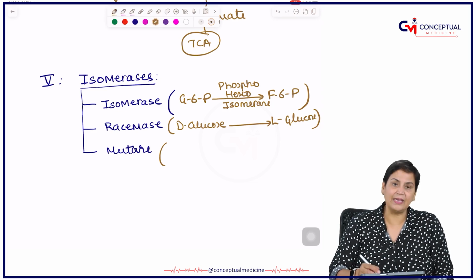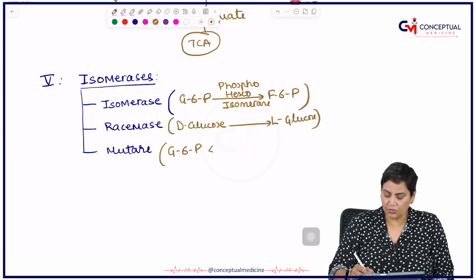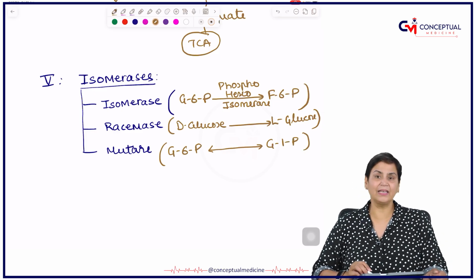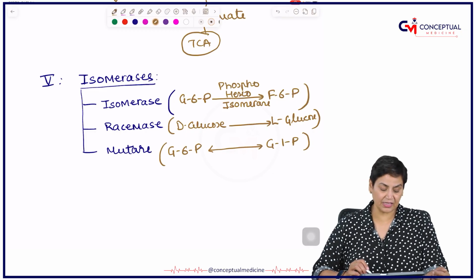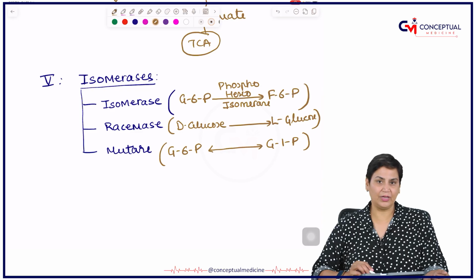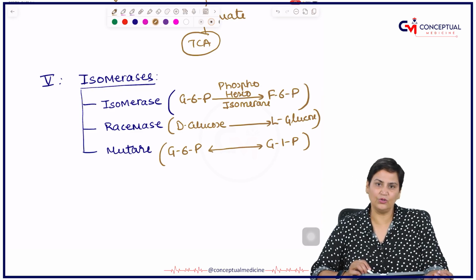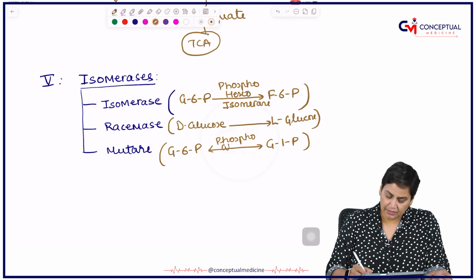The enzyme is conversion of glucose 6-phosphate to glucose 1-phosphate, which is a very, very important reaction in glycogenesis as well as glycogenolysis. And in fact, this is the only enzyme, mutase, which is common for both glycogenesis as well as glycogenolysis. And the enzyme here is phosphoglucomutase.